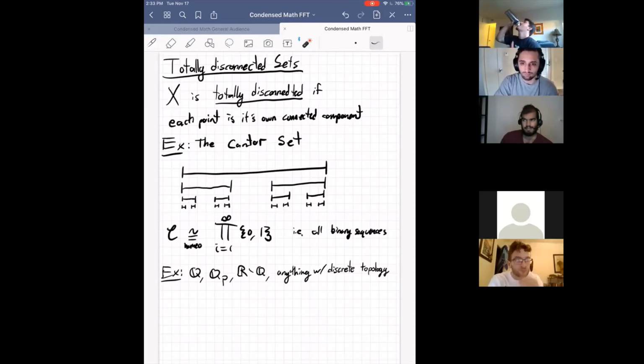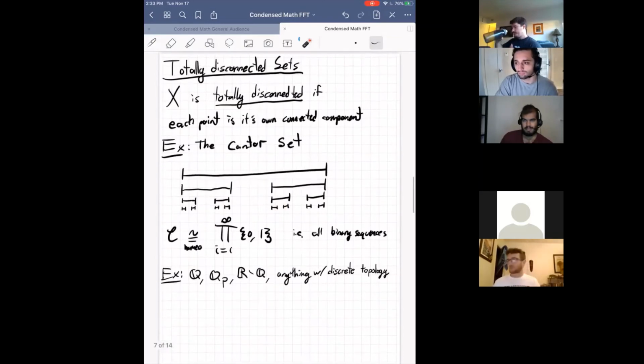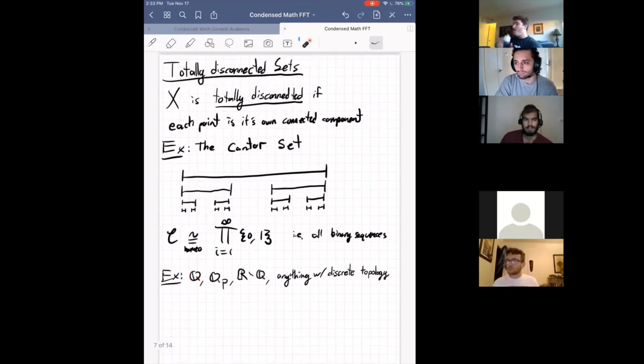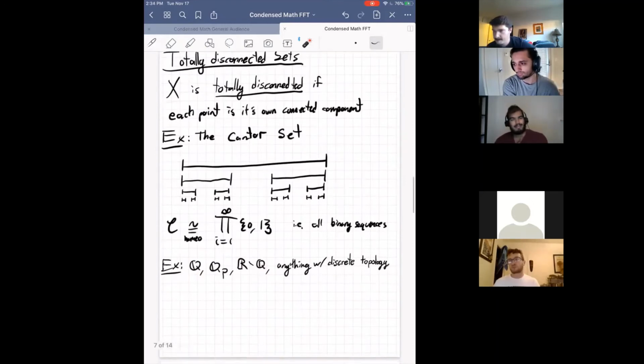Some other totally disconnected sets that you have heard of before are, for example, the rational numbers, the rational numbers completed with the p-adic metric, so the p-adic numbers, and also the irrational numbers. The way you prove it for the rational and the irrational numbers is you notice that there's a real number in between each of them. So if you just take the subspace topology with the real numbers, it's going to end up being totally disconnected.